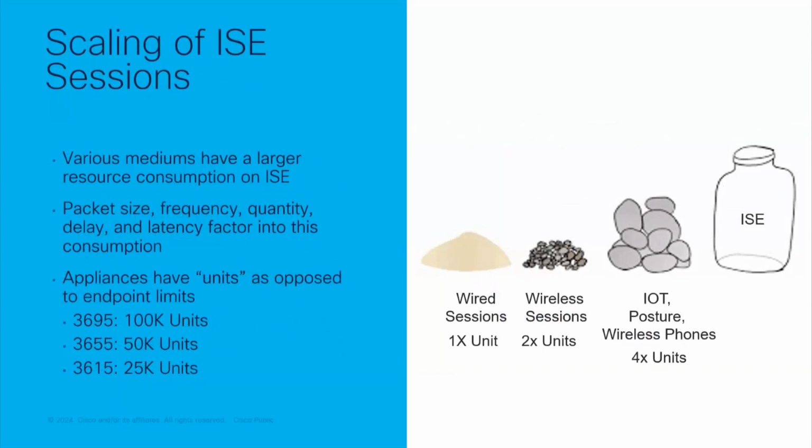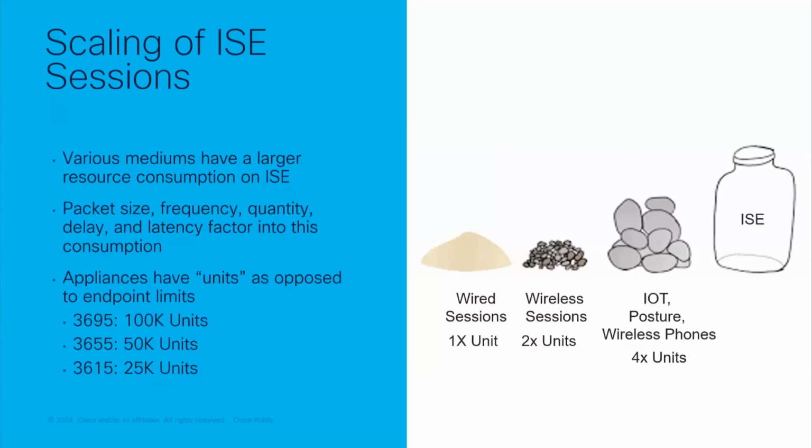Something like an IoT camera is going to differ in how it authenticates, and what its authentication and authorization stream looks like, as compared to your standard run-of-the-mill PC. This is going to be based on packet size, more than likely on frequency as well as quantity, and then the delay and latency factors also factor into this overall consumption.